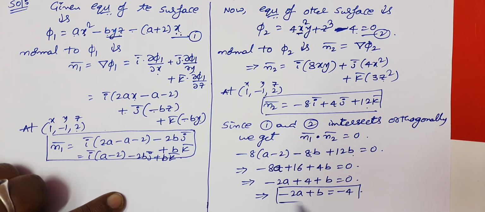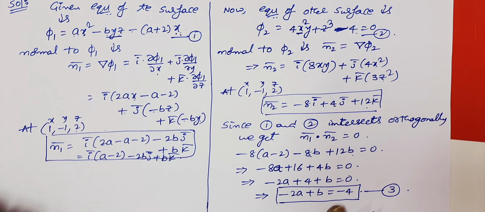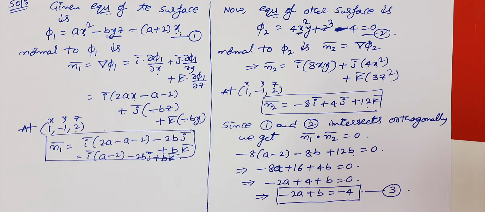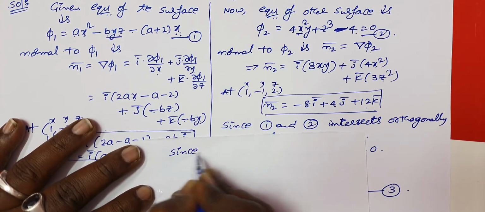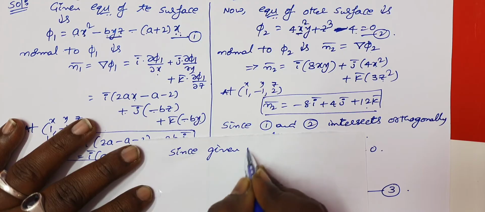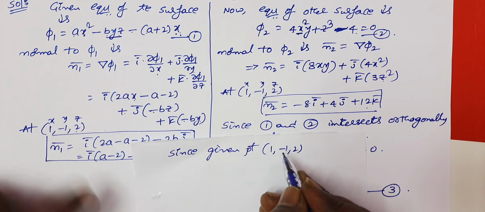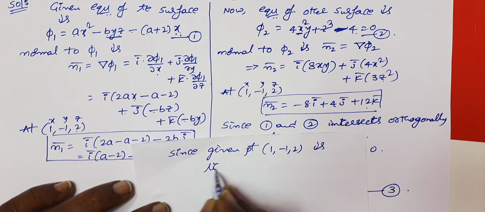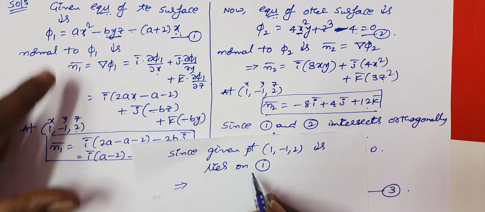We have only one equation in terms of a and b, but we need two equations in terms of a and b to solve for the a value and b value. Okay, see here, we are observing that since the given point 1, minus 1, 2 lies on surface 1, it satisfies equation 1.